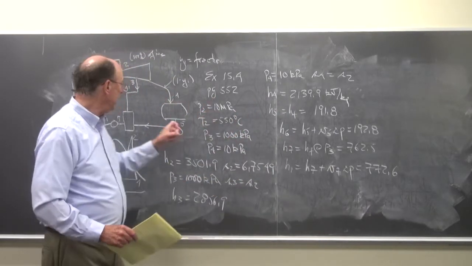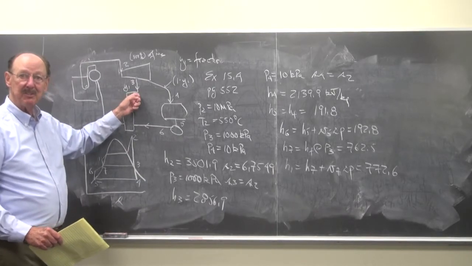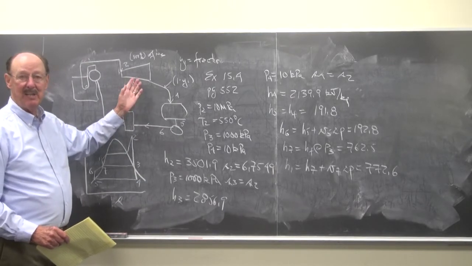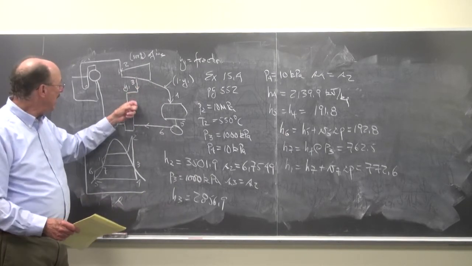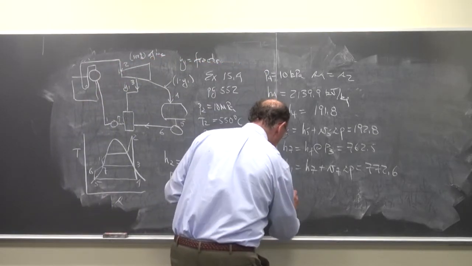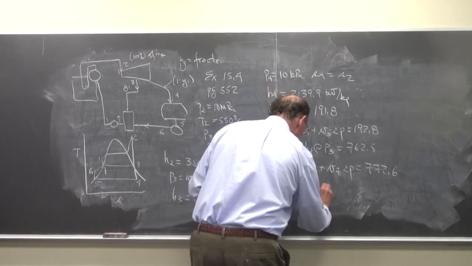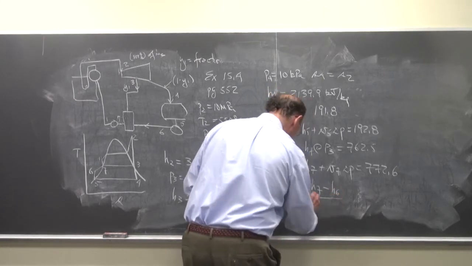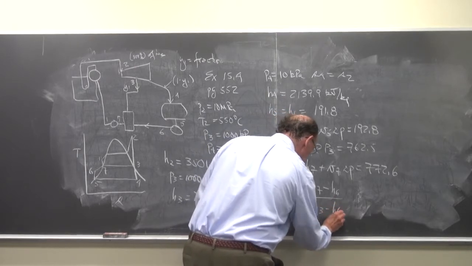Now we're going to find Y1, and we'll eventually have more fractions. So this is the first one, then we're going to have multiple, another extraction, etc. But that's for the future. So now we find Y1. Y1 is equal to H7 minus H6 over H3 minus H6.